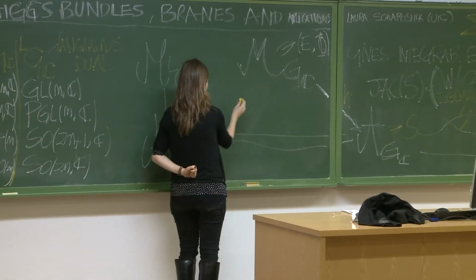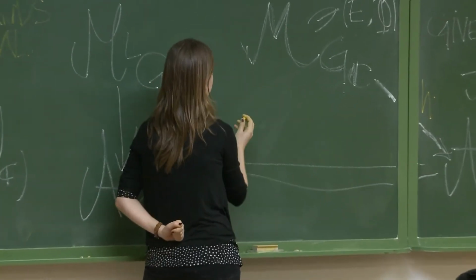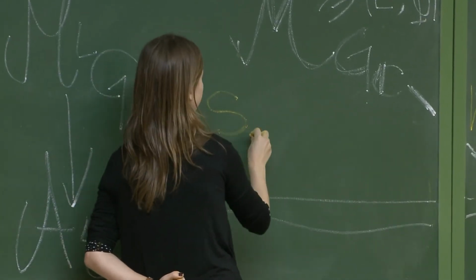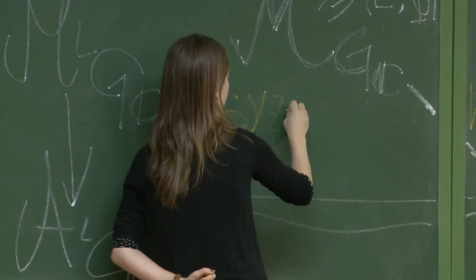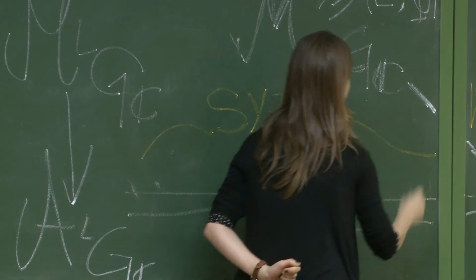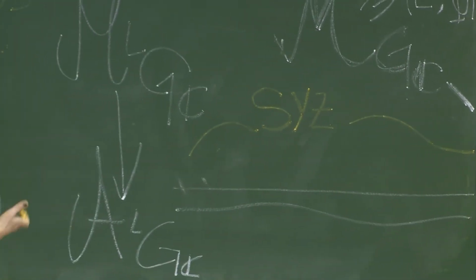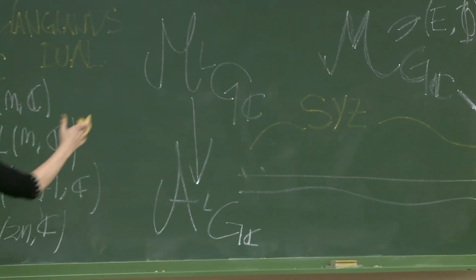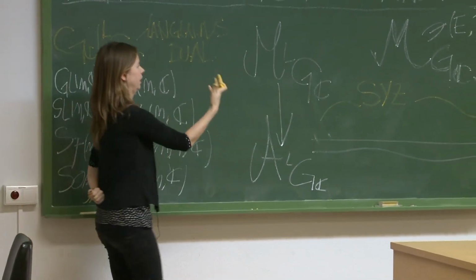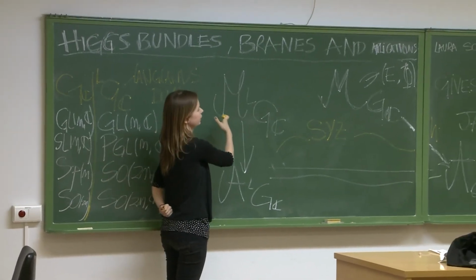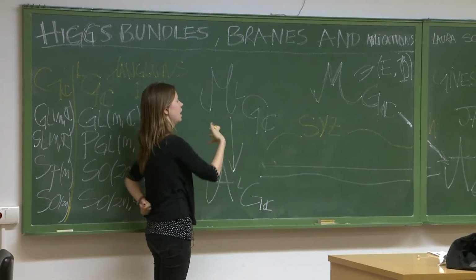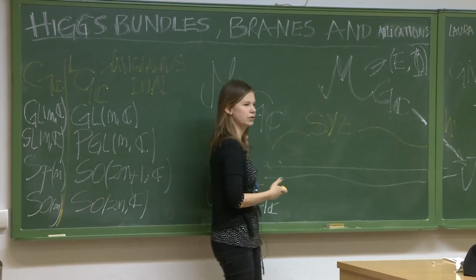So a decade or so ago, or maybe two decades ago, Strominger, Yau, and Zaslow conjectured that the duality that's appearing here is an appearance of mirror symmetry of the two moduli spaces. So the two moduli spaces appear as a case of toric fibered Calabi-Yaus, and the duality between the moduli spaces appears as a duality between the fibers of the fibration.